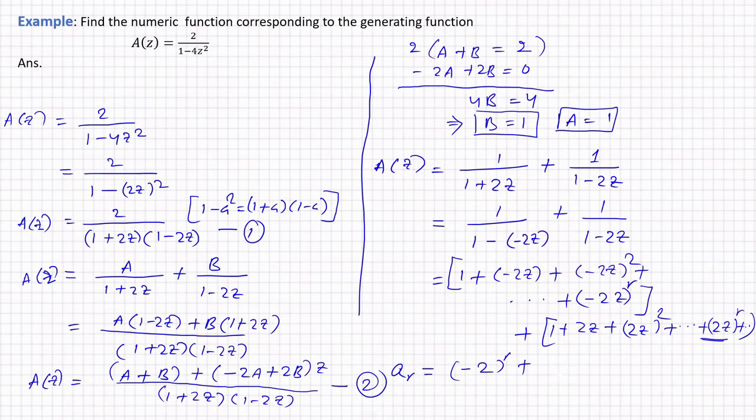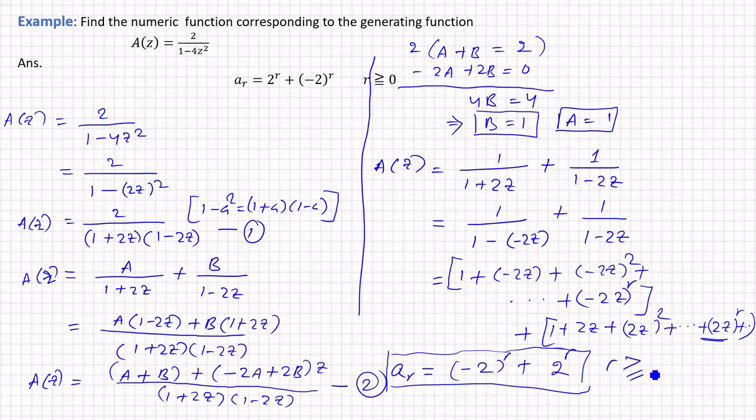So this is the answer, we got it. And this answer is similar to a_r is equal to 2 to the power r plus minus 2 to the power r, and r is greater than or equal to 0.